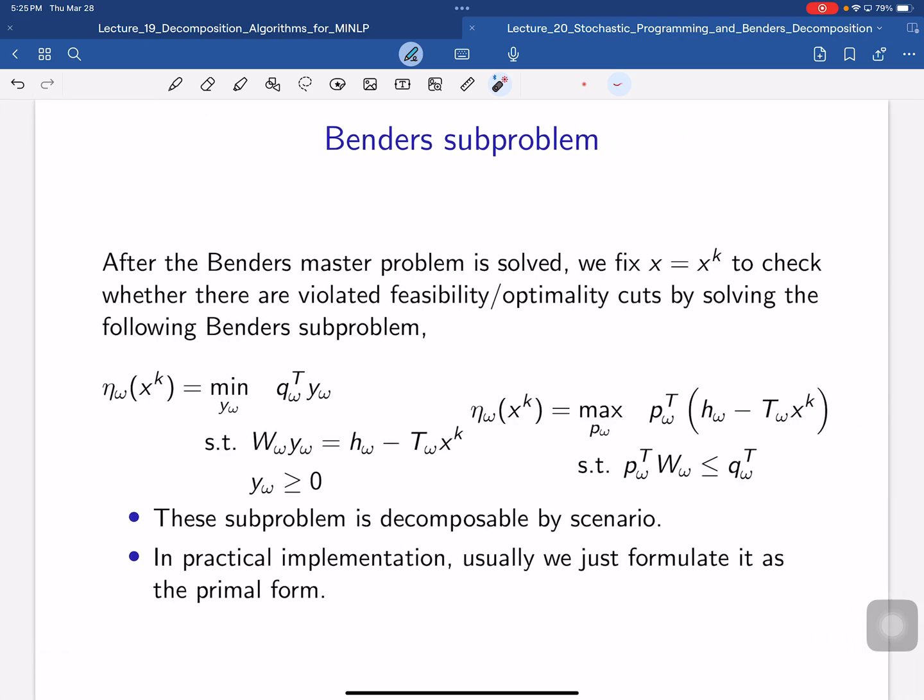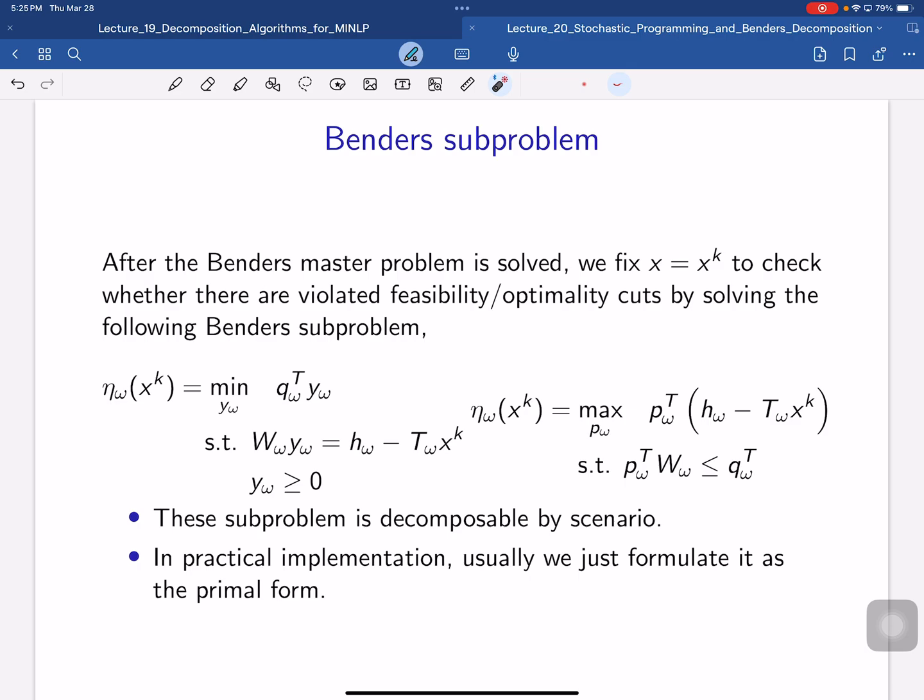If you have, let's say, 1 million scenarios, you can just solve 1 million small problems instead of solving the big problem. Essentially, decomposition is that you have a master problem with only the x variables, which is also quite small since you are not including any second stage decisions. And then once you fix x, you can solve each scenario in parallel, and each of those is also a very small problem. That's how it works.